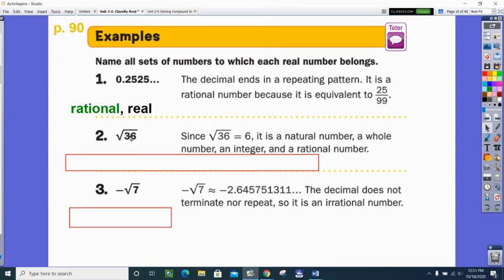Now, square root of 36, for a minute you see that square root and you want to jump into the weirdos, into the irrational, but it's kind of like wearing a Halloween mask, because that is a perfect square. So the square root of 36, and again, we're just looking at the principal root here, the positive root, is 6. And once you see that this is just a mask for the number 6, we're going to go back.